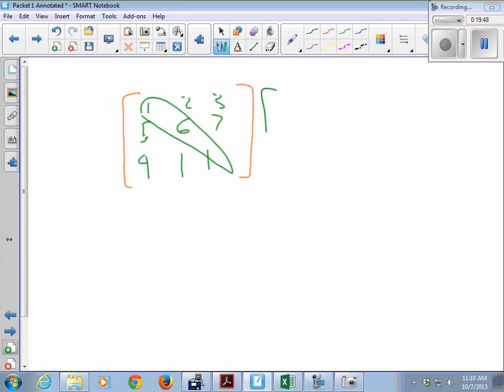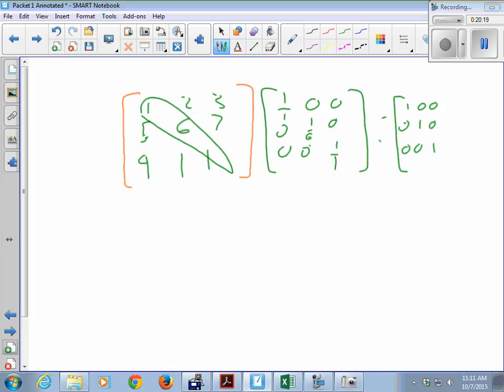So if you come up with a matrix 1 over A, which happens to be 1, 0, 0, 0, 1 over 6, then a 0 and a 0, and then 1 over 1. Because even if you transpose this, these three positions will stay the same. They'll zero out the other columns, and you'll end up with your identity matrix of 1, 0, 0, 0, 1, 0, 0, 0, 1.